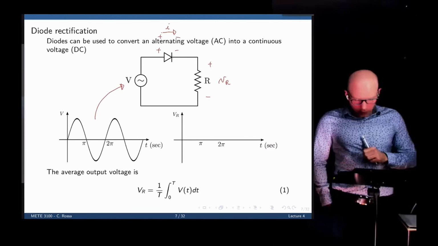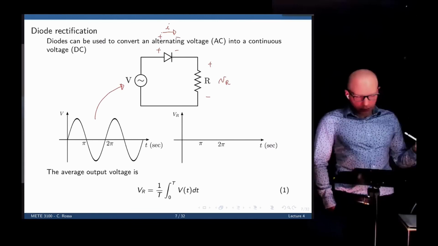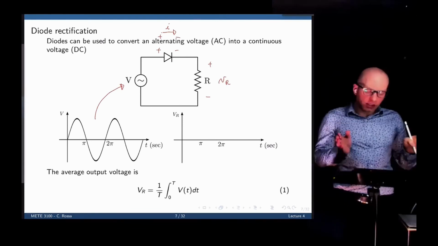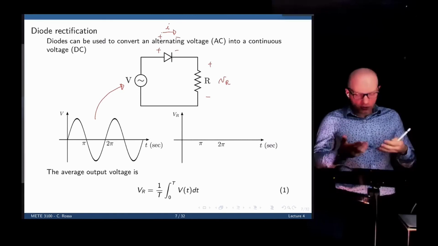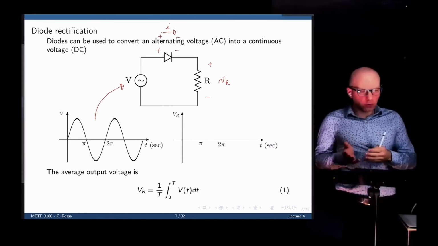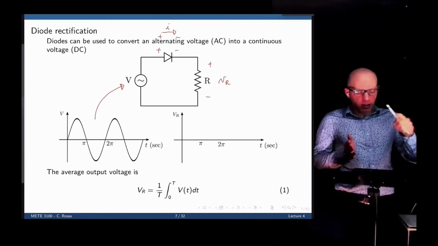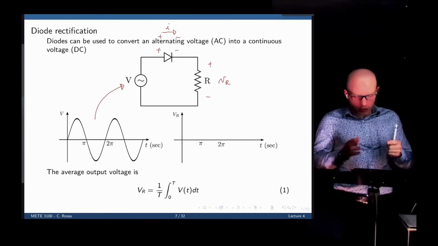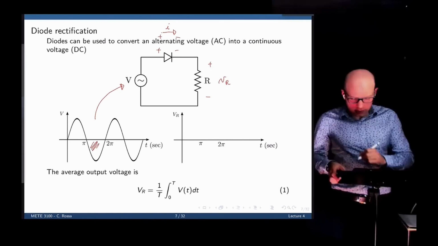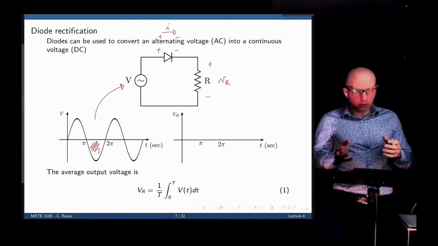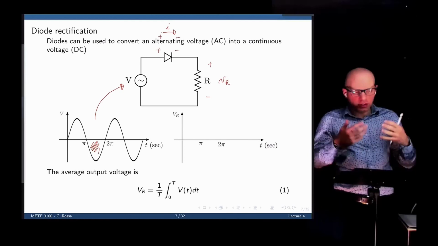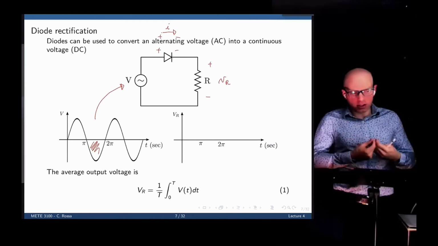The diode only conducts in the positive cycle of the input voltage, and current then flows through the resistor. In the negative cycle, let's say this cycle here of the input voltage, the diode is reverse biased and does not conduct any current, thus VR is 0.